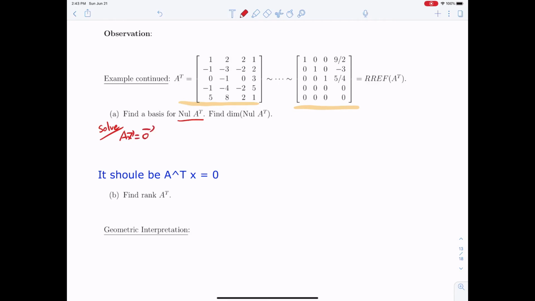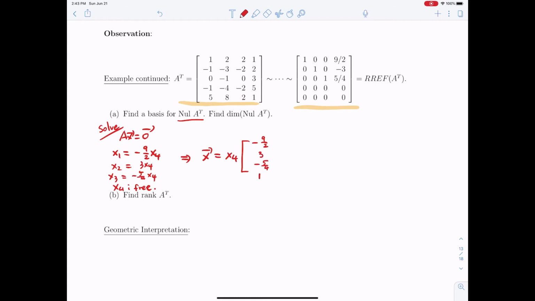So in this case, we have x1 equals -9/2 x4, x2 equals 3 x4, x3 equals -5/4 x4, and x4 is a free variable. Then this gives you the solution x equals x4 multiplied by (-9/2, 3, -5/4, 1).